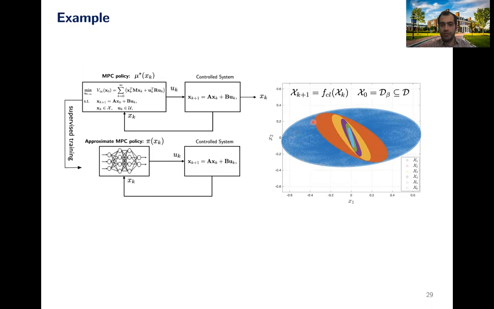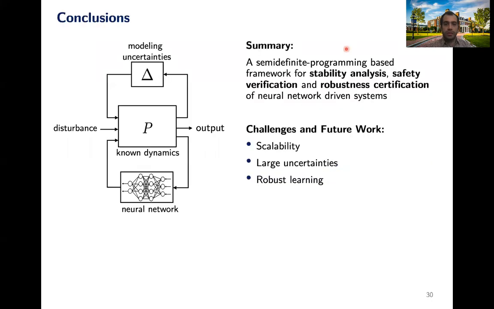The region of attraction is these blue ellipsoids, and the other ellipsoids are the exact reachable sets that we exhaustively computed by grid search. This just illustrates that this blue ellipsoid is indeed a region of attraction for the closed-loop system. So now I would like to conclude my talk with some conclusions.